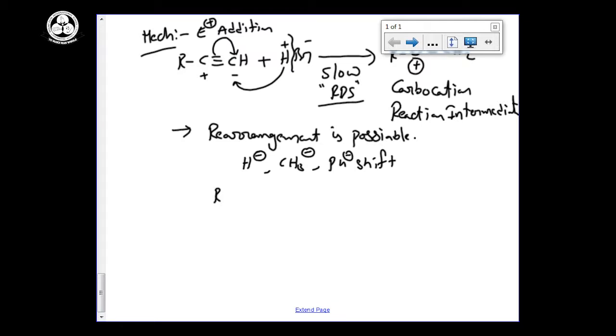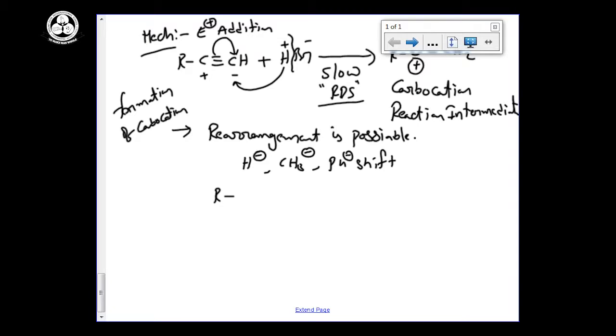Now the first step is the slow step, so automatically the second step is a very fast step. The first step is the formation of carbocation, or simply we can say electrophilic addition.